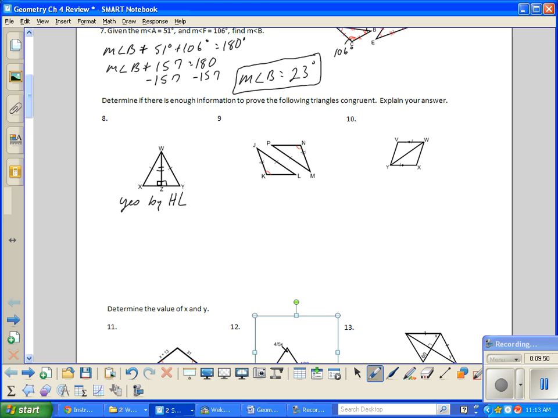And we know that because segment WZ was congruent to segment WZ by the reflexive property of congruence.